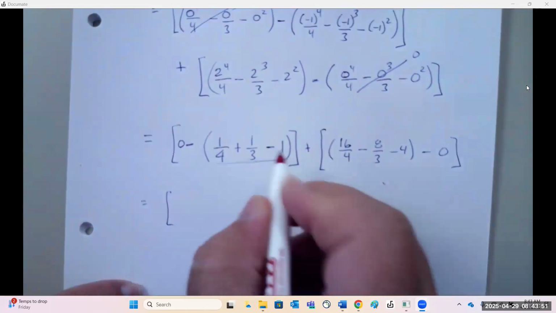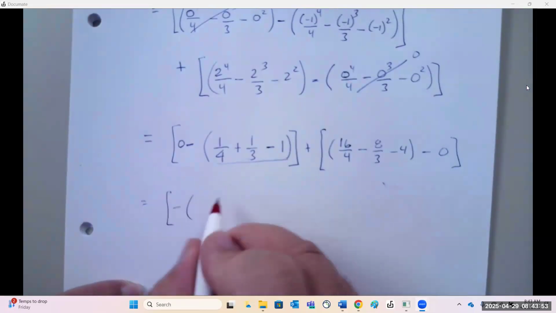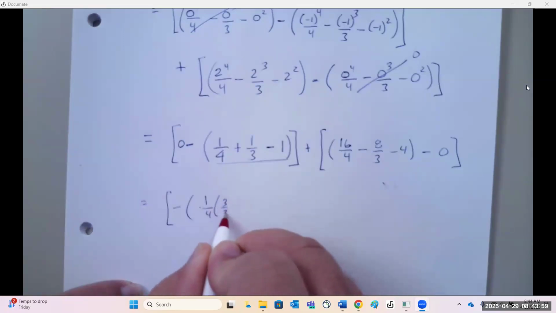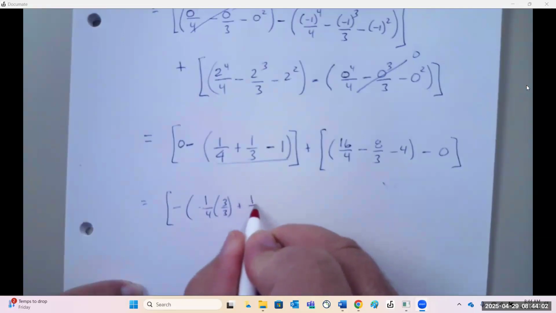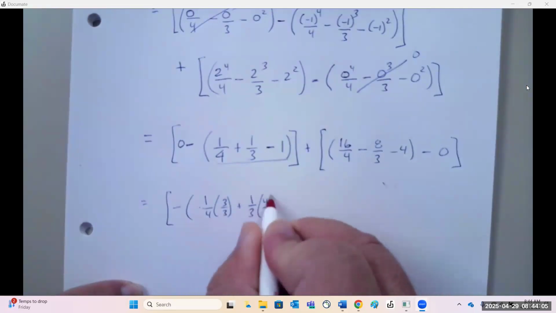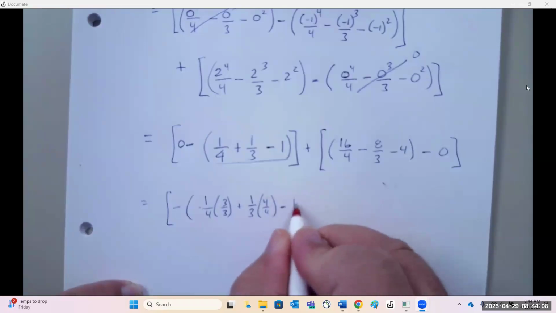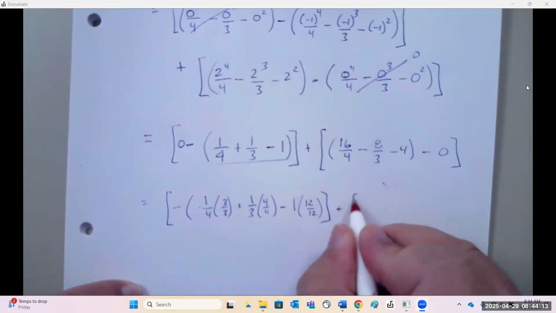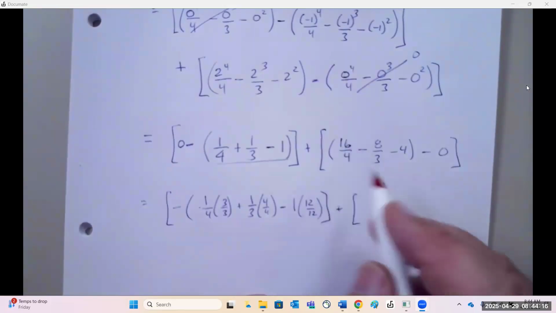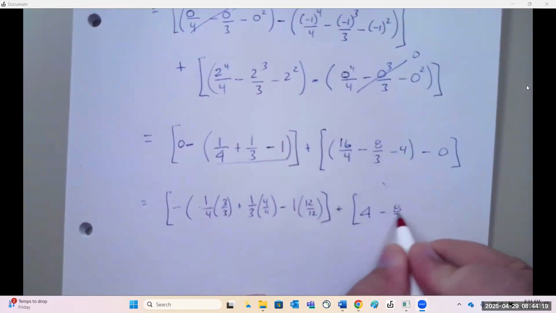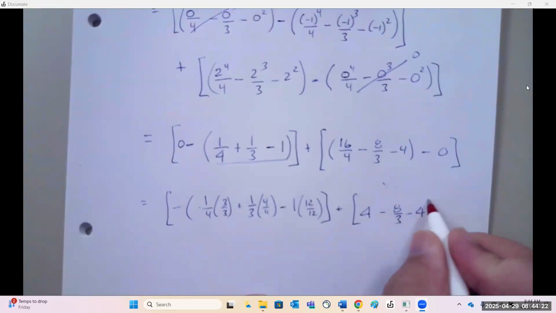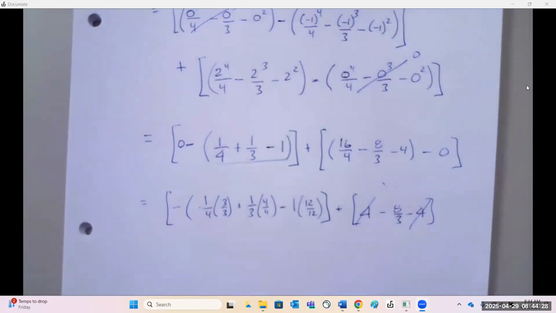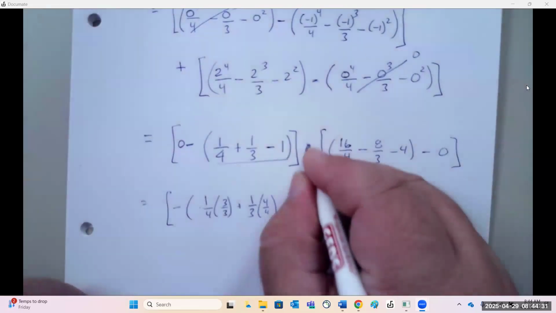So we have to combine these. Get a common denominator, which is 12. So this is 3, multiply 3/3. This one multiplied by 4/4. And this one is 12/12. Sixteen divided by 4 is 4, minus 8/3 minus 4. The 4's cancel.